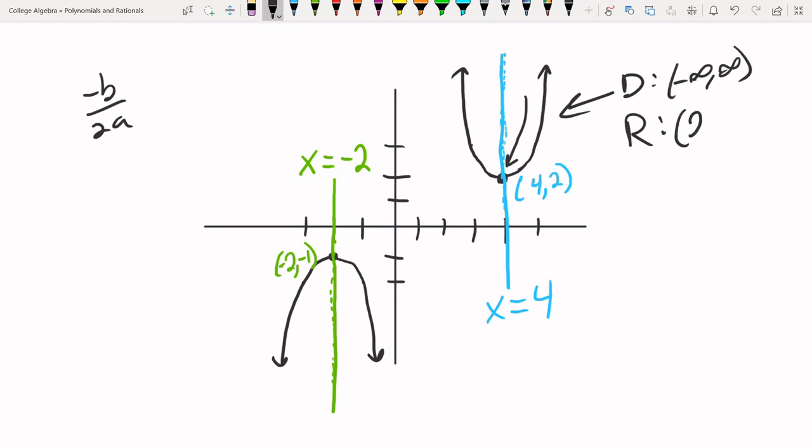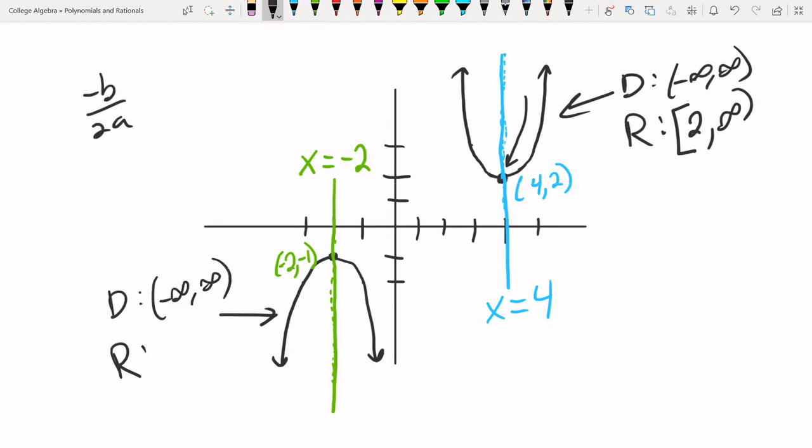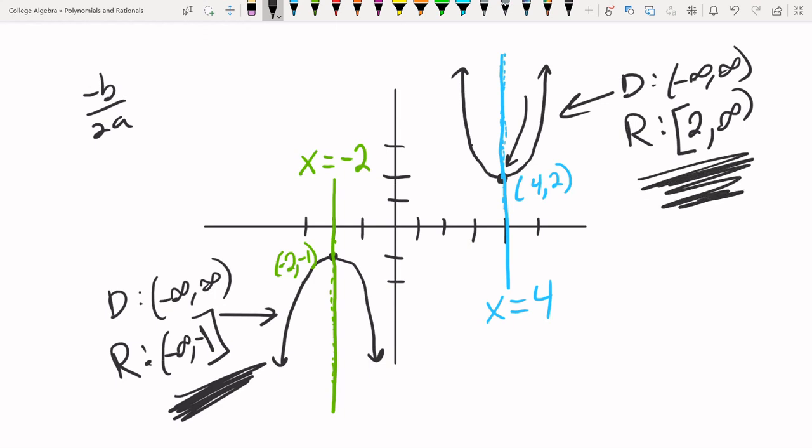And so we start at the, I keep putting parentheses there, it's a square bracket, and go up to infinity. For this one, the domain is -infinity to infinity, as always. And for the range, now the vertex is a maximum since a is negative. In this case, a would equal -1. So we go from -infinity up to the y value of the vertex, including it. You see how it changes. If it's opened down, you're going to have -infinity to some number. If it's opened up, you're going to have some number to +infinity.